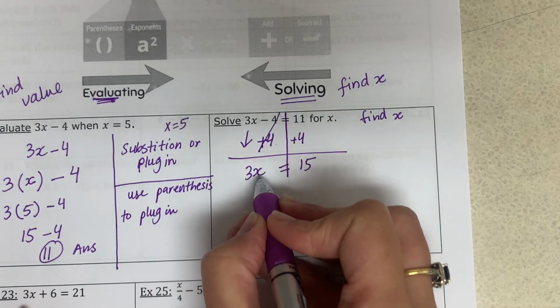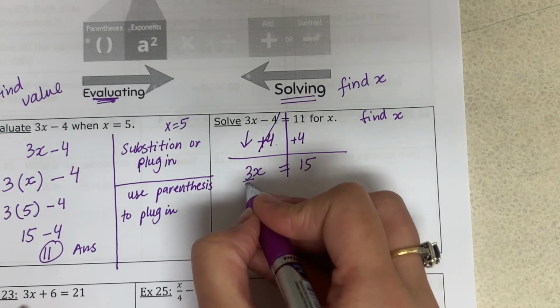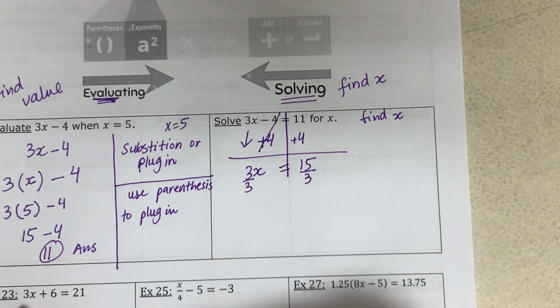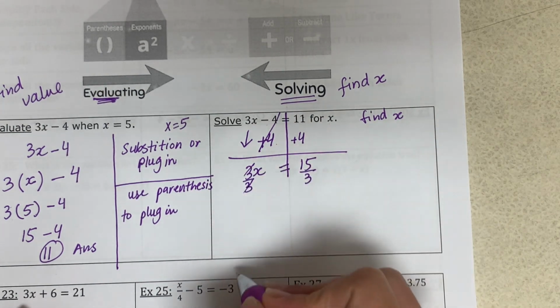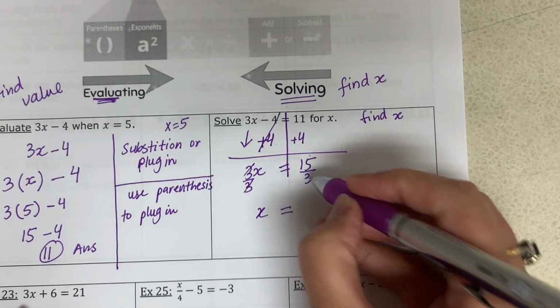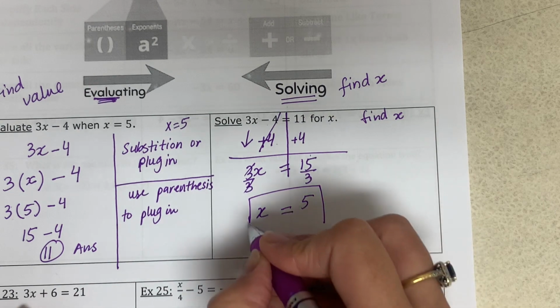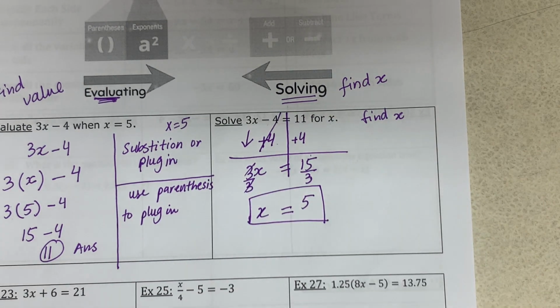So 3 times x equals 15. 3 times x means you divide by 3 on both sides. 3 divided by 3 is 1. We never write the invisible 1. 15 divided by 3 is 5. And this is my value of x.